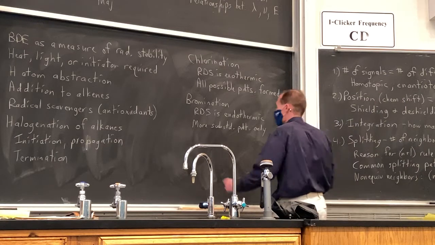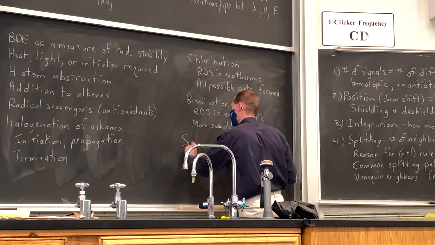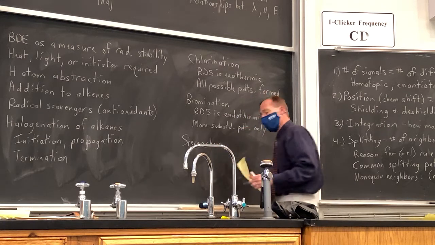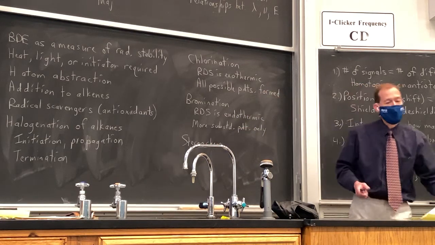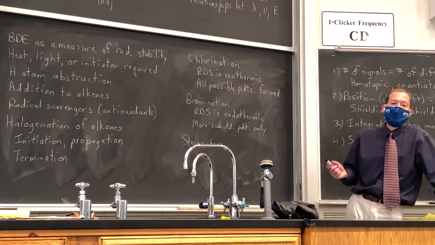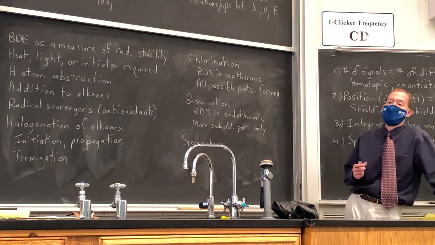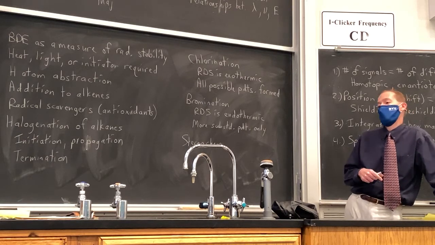We talked about the stereochemistry of halogenation. We said that if the reaction is occurring at a stereocenter, you will obtain a racemic product because that radical is achiral.